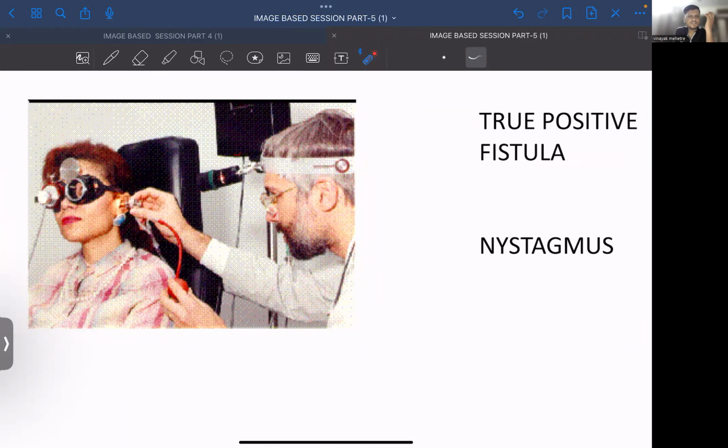If there is a fistula, some kind of abnormality, the patient will have nystagmus as soon as we increase pressure in the external auditory canal using Siegel's speculum.